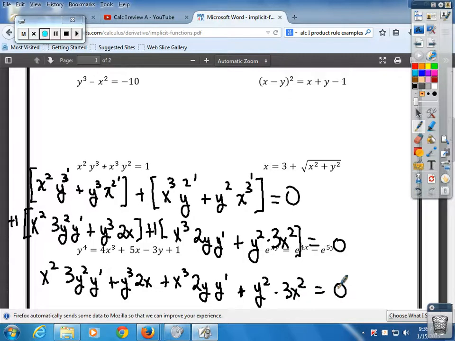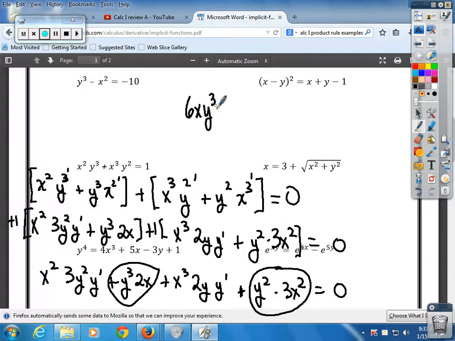Now I would probably take these two and combine them as much as possible and move them. I'll do that now. So what is that? 6xy cubed.